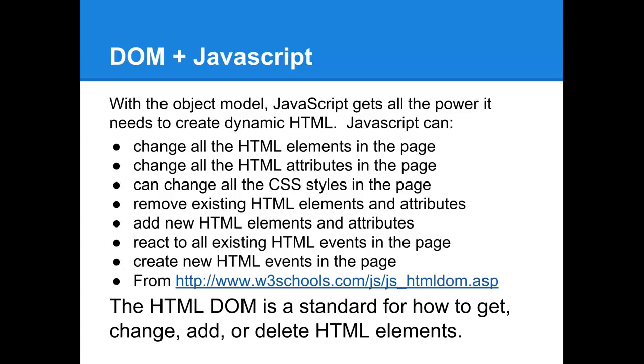Now, this is designed to be innocent, but it allows JavaScript to generally be able to change all of the HTML elements in the page, all of the attributes for any of the elements in the page, change any and all of the CSS styles as well as add additional ones, to remove existing HTML elements and attributes, add new ones, to react to any existing events or new events going on in the page, such as mouse over, clicking on objects, etc., as well as to create new events on the page. And this is documented further at w3schools.com here.